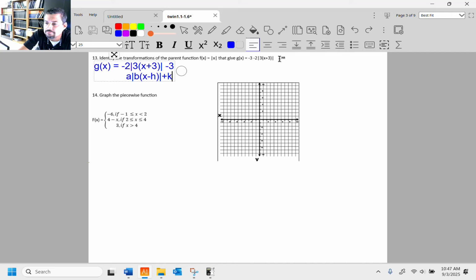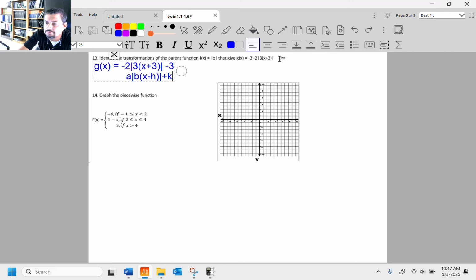It is negative f of x. So g of x would be where I take the whole function, I wrap it in a negative, and then I distribute that negative. I'd have negative absolute value of x minus 3 minus 4.